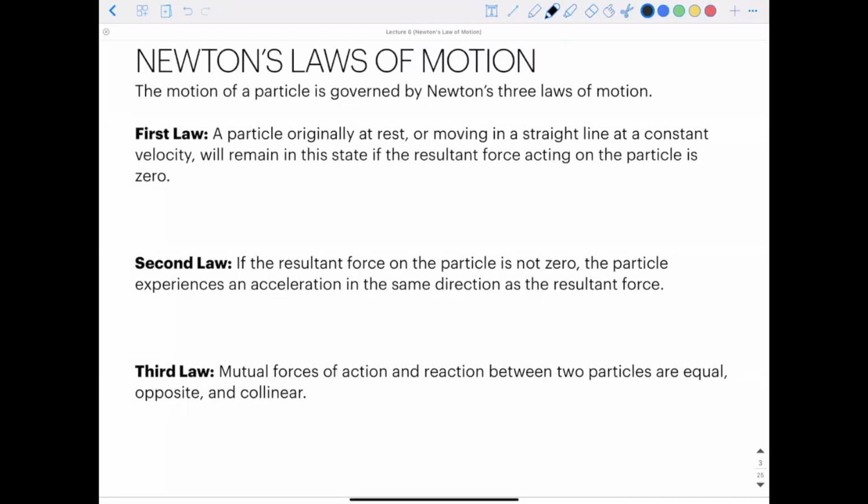Newton's second law says if the resultant force on the particle is not zero, so the forces are not balanced, the particle experiences an acceleration in the same direction as the resultant force.